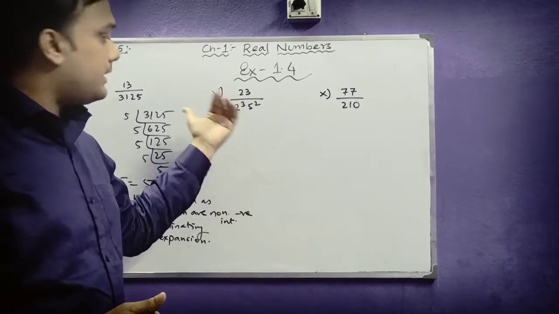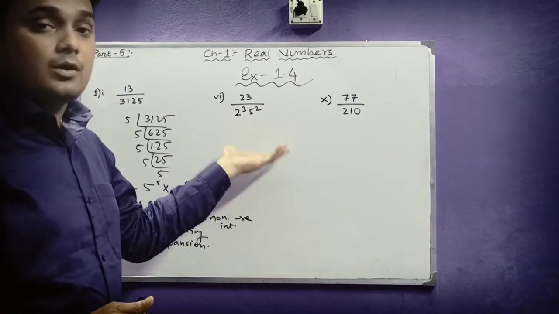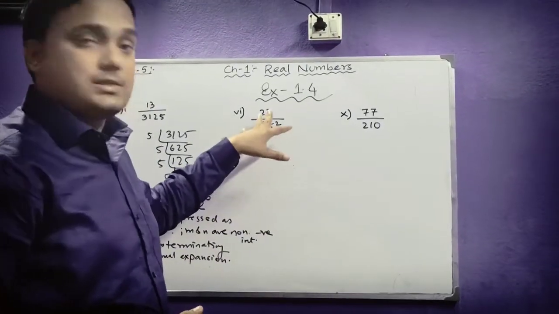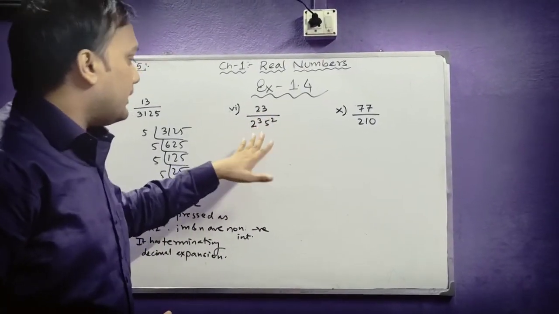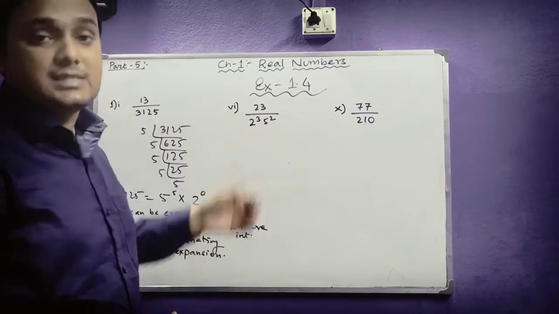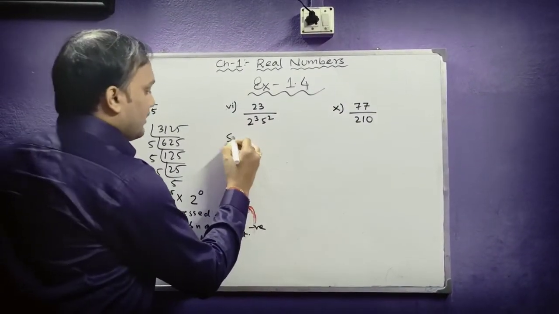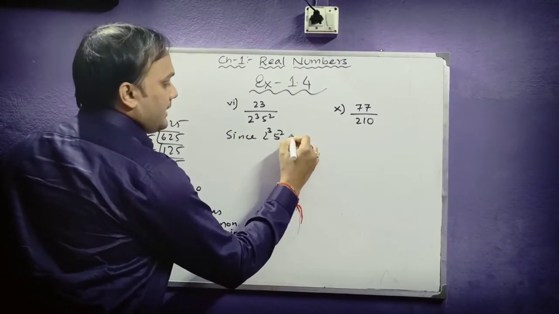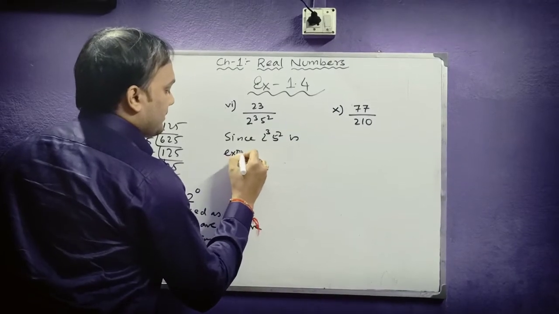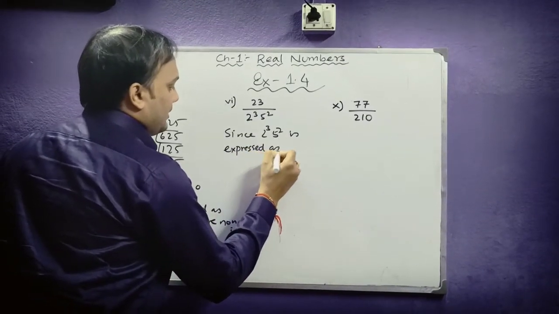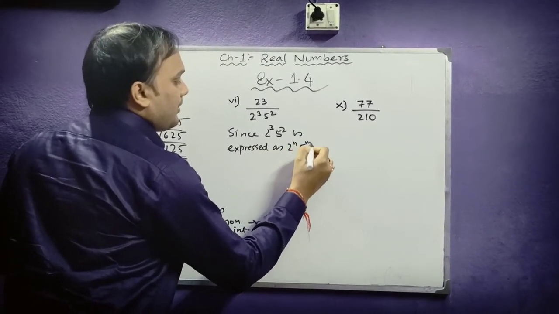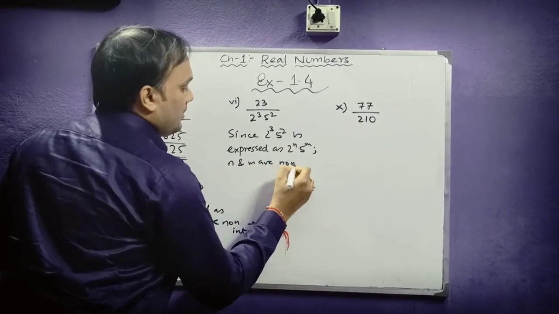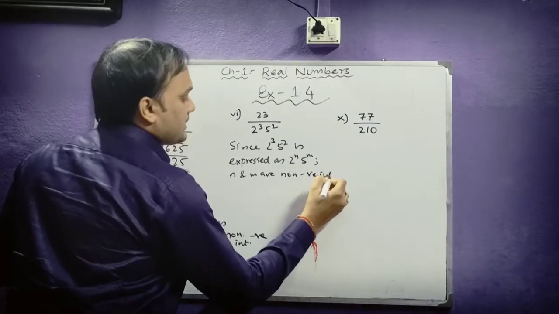So we can directly conclude that it also has a terminating decimal expansion, since 2 to the power 3 into 5 to the power 2 is expressed as 2 to the power n into 5 to the power m, where n and m are non-negative integers.